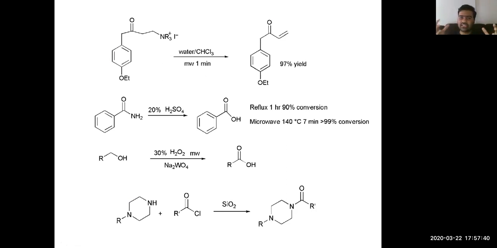And because of the heat that is transferred efficiently, you would have the compound showing Hofmann elimination sort of a reaction. This Hofmann elimination leads to formation of an alpha beta unsaturated kind of a compound. And this compound, because it no longer has the quaternary ammonium kind of a group, its solubility in water is very, very low. So it will eventually move across the phase boundary into chloroform.